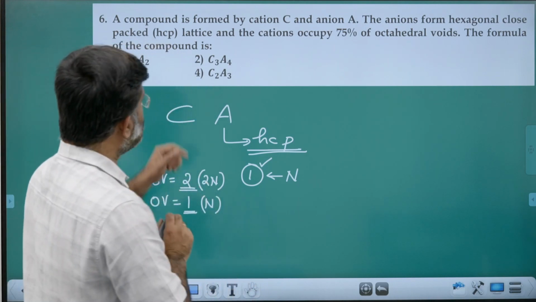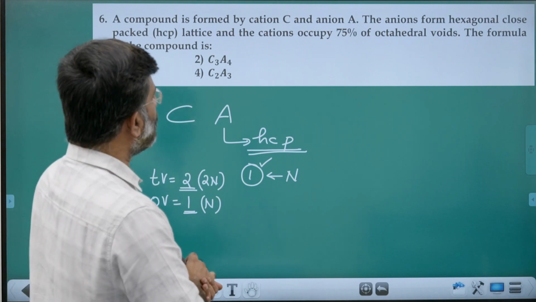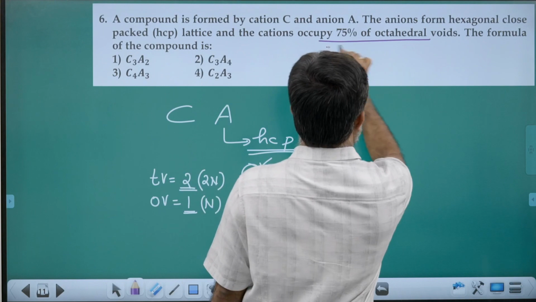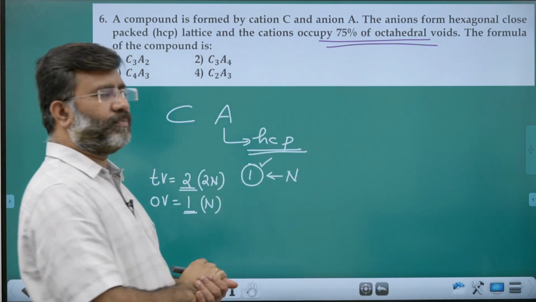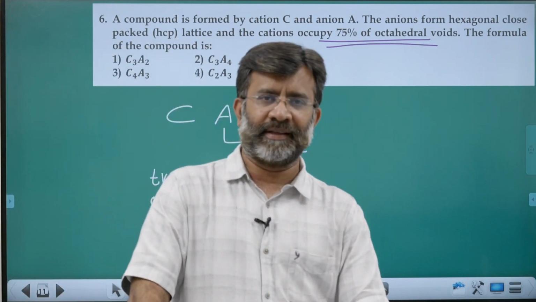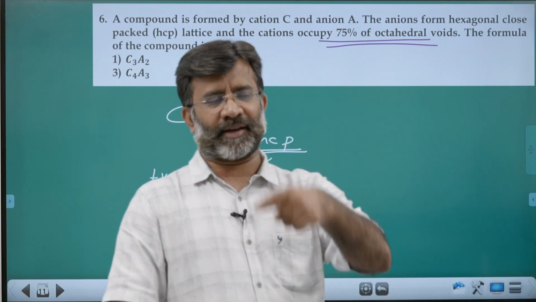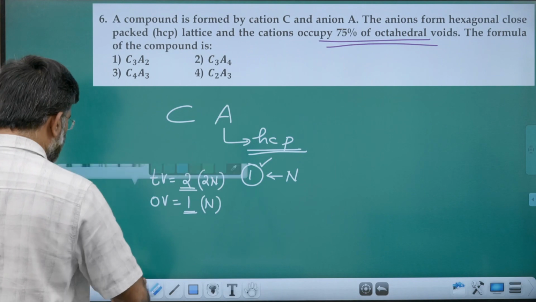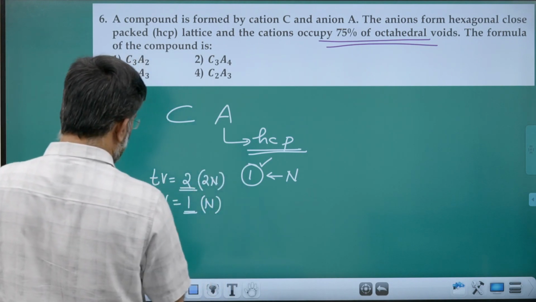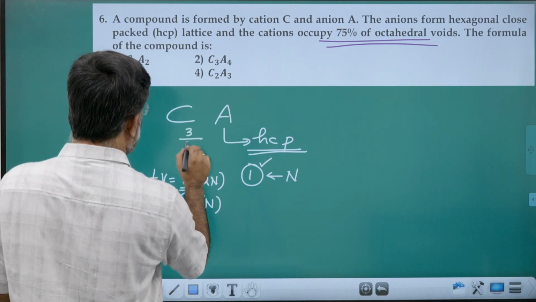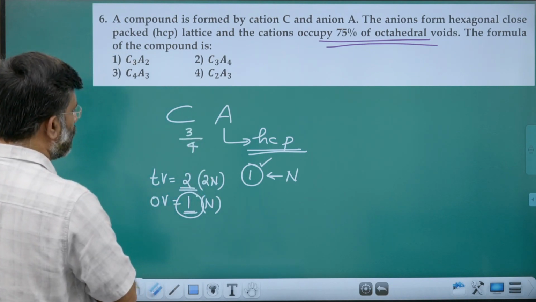Now C is said to be available in 75% of octahedral void. The cation is present in 75% of octahedral void. That means 3/4 of the octahedral void is occupied by cation. So number of cation will be 3/4 of 1, that is 3/4.